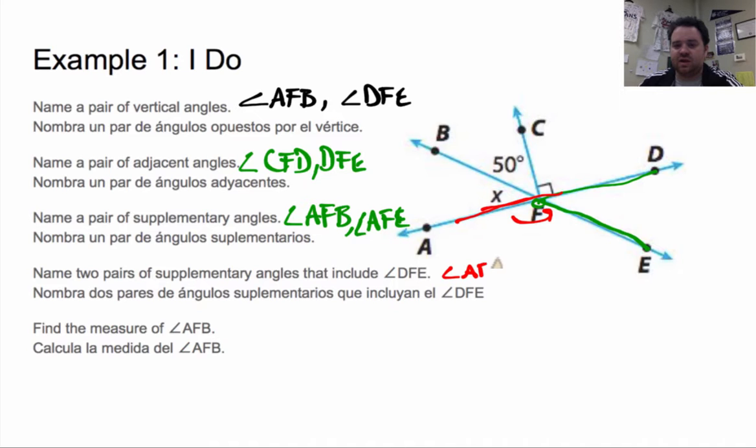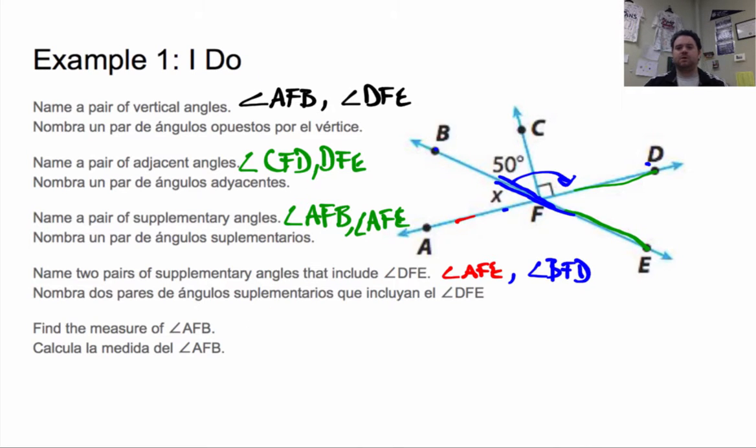I could go with AFE to make a supplementary angle with DFE. Or, as another option, I have my DFE there, and this also makes a straight line. So I don't want to use C at all. I want to skip from here to make that straight line with DFE. So that would be BFD. So I could use AFE or I could use angle BFD.